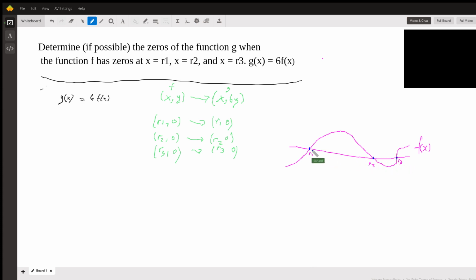It's just that the y will be multiplied by a factor of 6, so it's going to be coming way down here, and it's going to be coming way up here. But it's still going to go through those zeros. It's just going to be more exaggerated vertically.